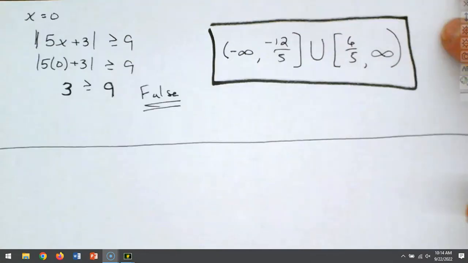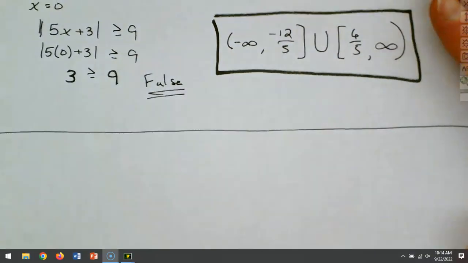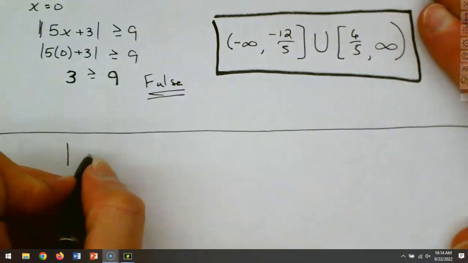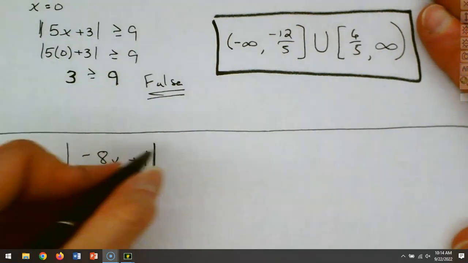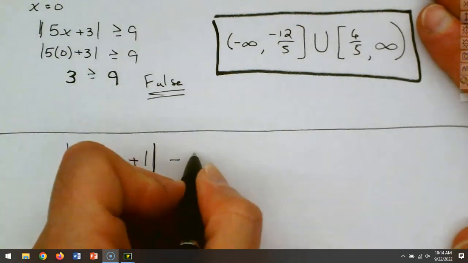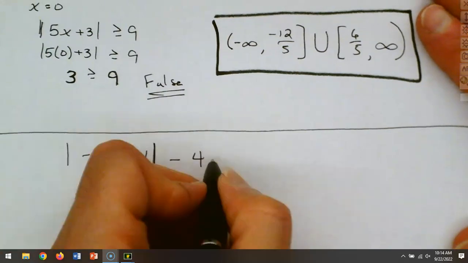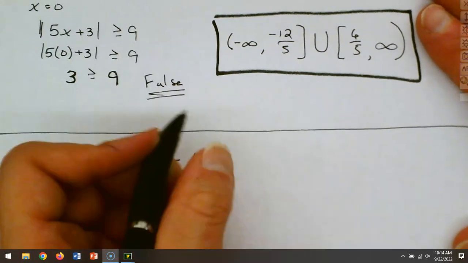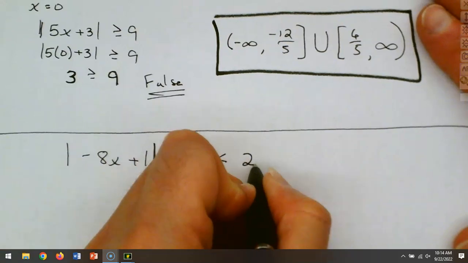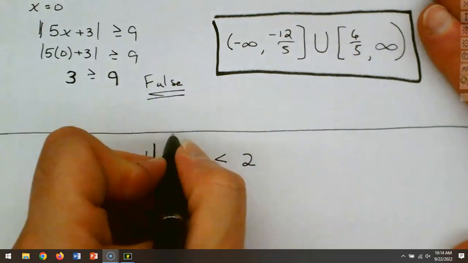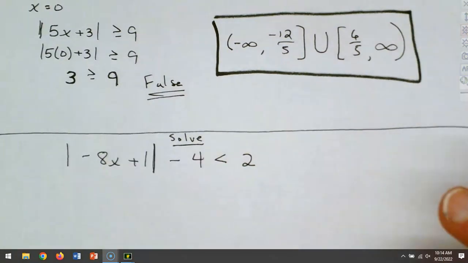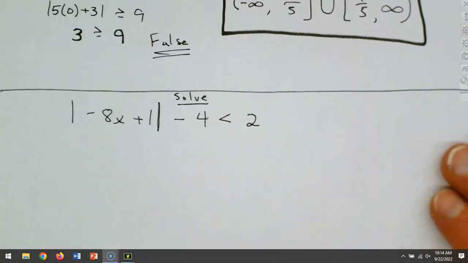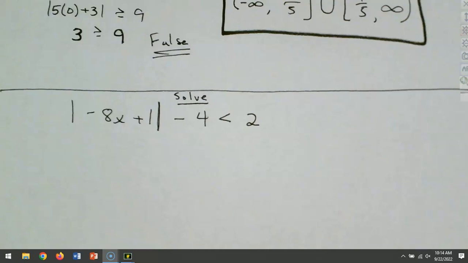Let's do another one. So we're going to solve this out just like we've done the others. Okay. And what do we need to do first?